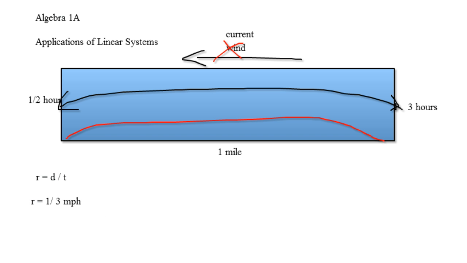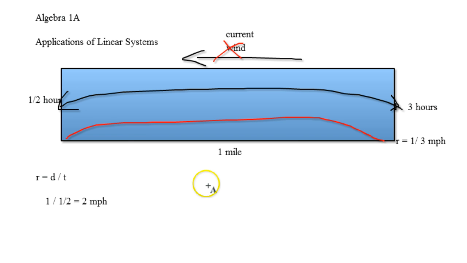That's the first speed. Now going back downstream, it's going to be distance, which is 1, divided by 1/2, which is the same as 2 miles per hour.